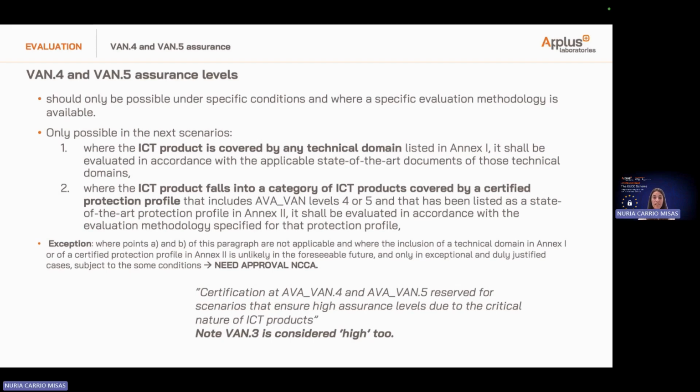In the implementing act, you will see a lot of references and documentation regarding AVA_VAN 4 and 5, but high level also considers AVA_VAN 3, okay? But for these levels, we don't have as much information as for the highest levels of the CSA.